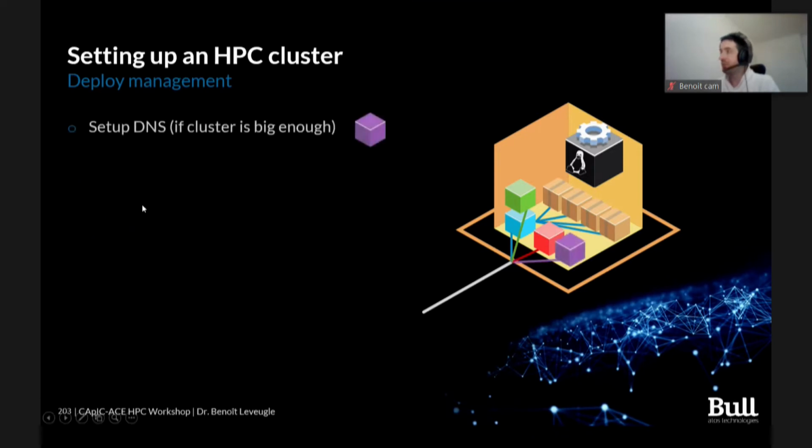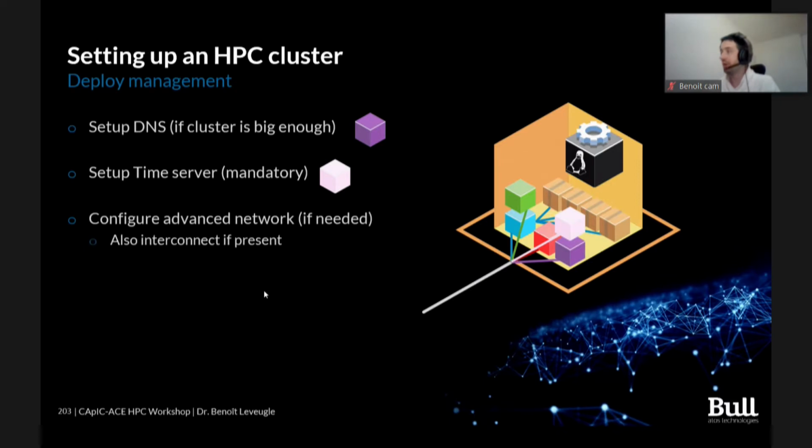We also need to deploy a DNS if the cluster is big enough, to have some kind of link between IP and host name. It can be replaced by the host file. We have to set up a time server to ensure everyone is time synchronized over the whole network. You can configure advanced network if you want.